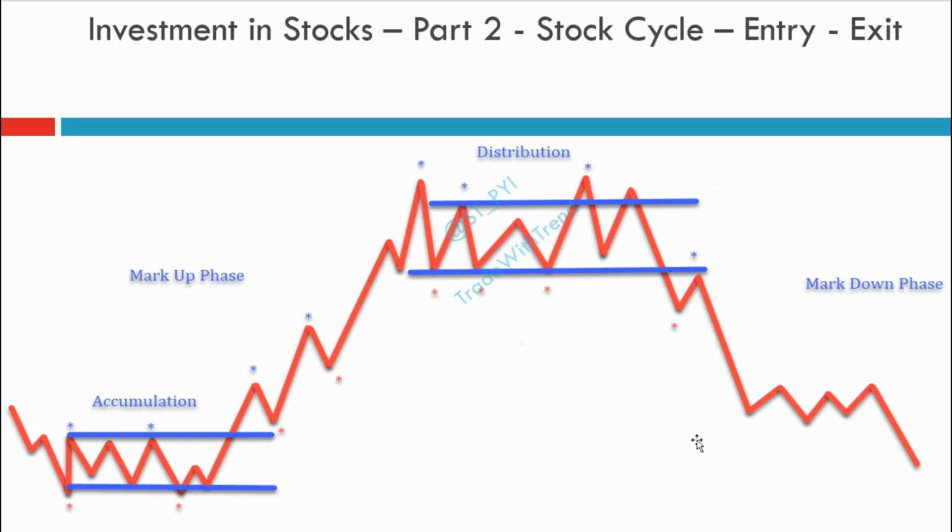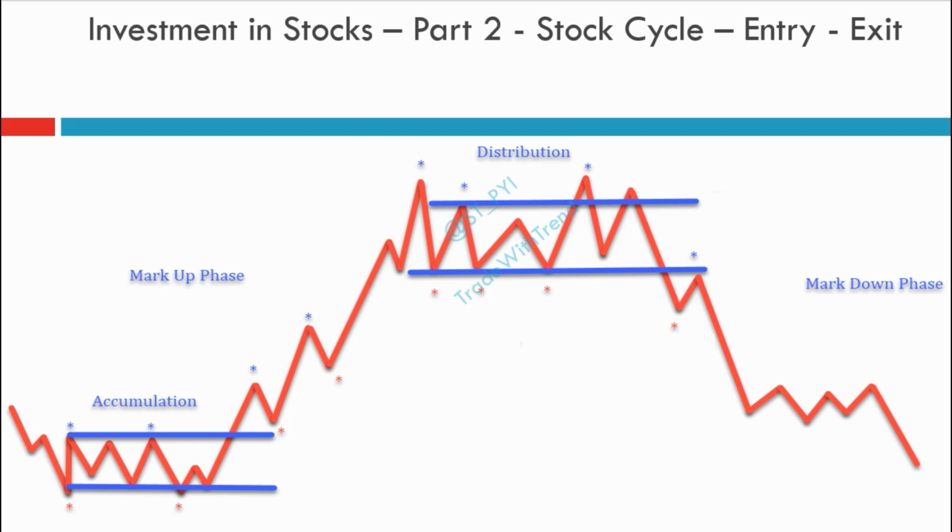Now our idea of investment is we need to get into stocks which are clearly showing a pattern of consolidation and then breaking out into a markup phase. Now we need to participate only in this phase, right? And then as we see our stock breaking down, we simply exit and put our money in some other stock which is again breaking out of the accumulation zone, right? So our entry aspect is actually very clear that we take entry at this particular region.